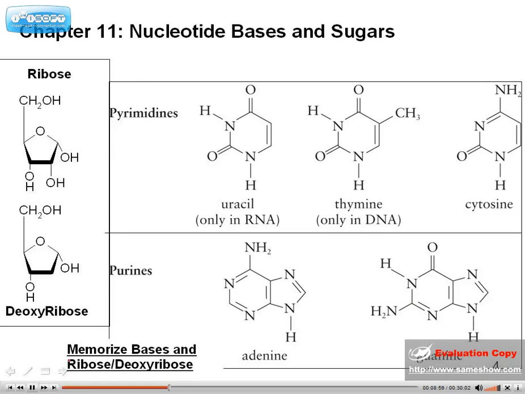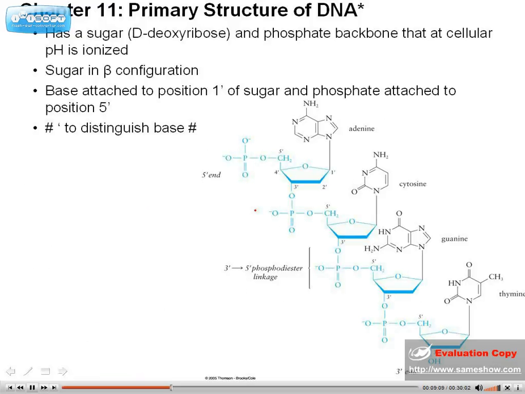These are the 5 amines you need to memorize, these bases. Here's an example of DNA. Now, you will be responsible for, on the exam, creating single and double strands of DNA and RNA.